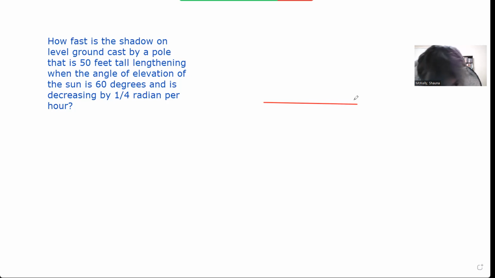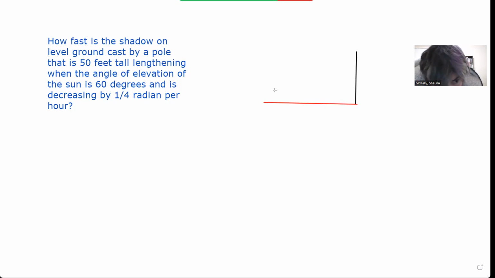So I'm going to draw a line here. There's my pole on level ground right there. So that's 50 feet. Now, the height of this pole, regardless of what's going on with the shadow, is fixed.